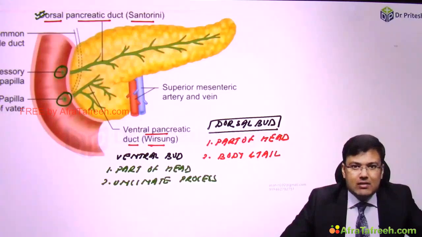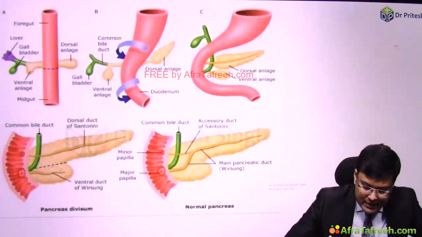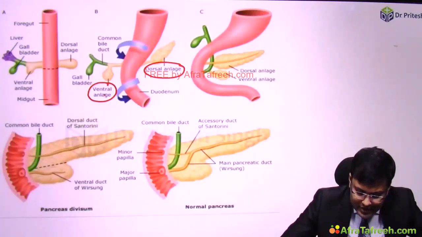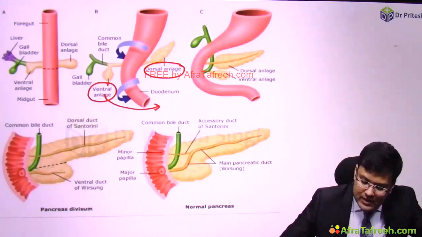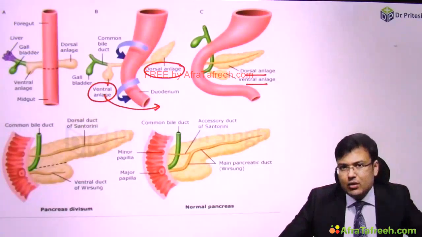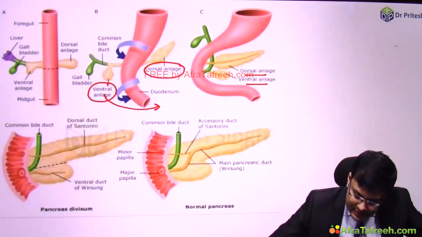Now see the development of pancreas. You can see this is ventral bud, and this is dorsal bud. What happens? There is rotation in the duodenum as well as in the ventral bud, and because of this the dorsal bud and ventral bud come in close proximity. After that, this is the duct of dorsal bud and this is the duct of ventral bud.